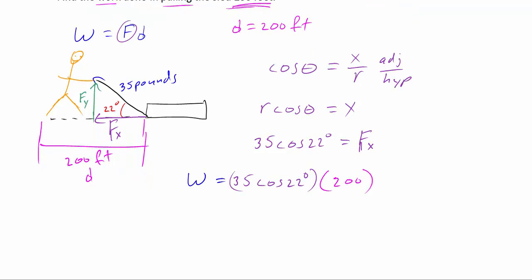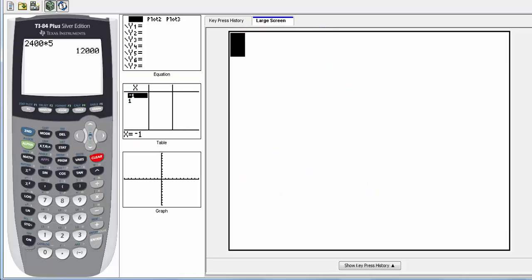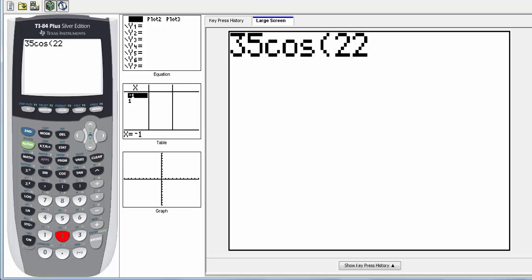So if we enter this into the calculator, we would have 35 times the cosine of 22. Make sure your calculator once again is in degree mode, and then we multiply that by the 200 feet.